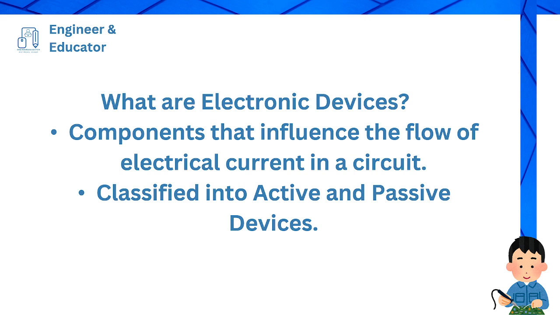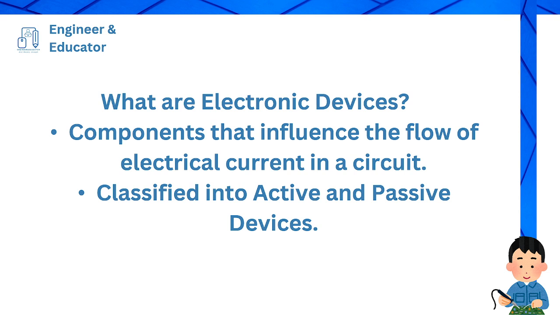Any component, if it influences the flow of electrical current in a circuit, we can say that it is an electronic device. And these electronic devices are classified into active and passive devices.